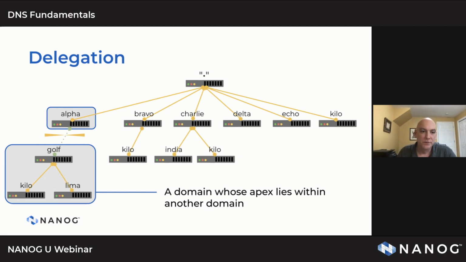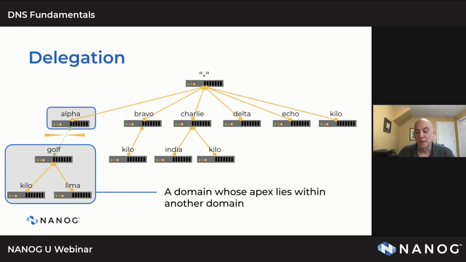Now, if you take your mind's eye to the devices that are sitting there, so if I go to alpha here, for simplicity, we'll say there's one server running DNS authoritatively for alpha. We know that's not the case in the real world, but just for example, alpha has a server, and in the authoritative data for alpha, there will be what is a delegation record.